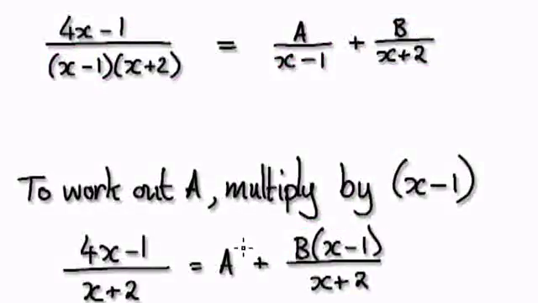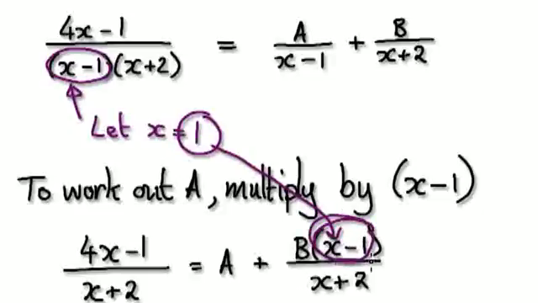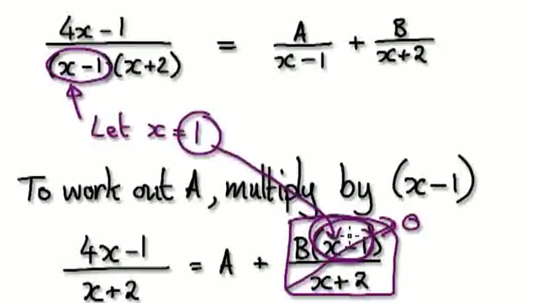Now in order for you to work out A, if you let x equals positive 1, then when you put it into here, this thing here will become 0. Well, if this thing here is 0, then the whole thing will be 0.